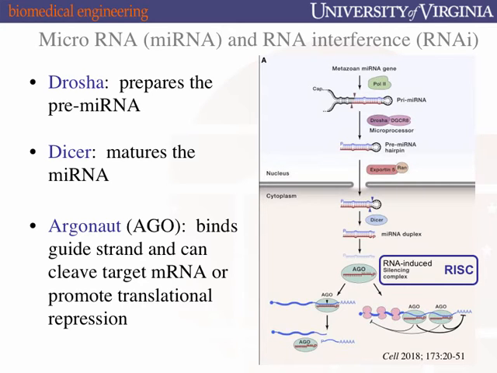There are 2 strands there: what's called the guide strand and the passenger strand. When Argonaute recognizes the duplex, the passenger strand is kicked out and is degraded by exonucleases in the cell. The guide strand is then used as a template for base pairing against other RNAs inside the cell.